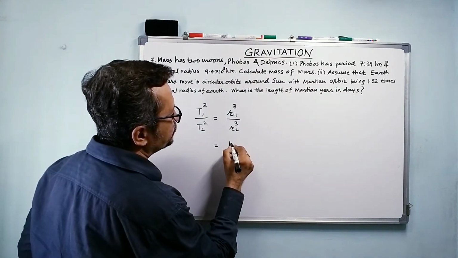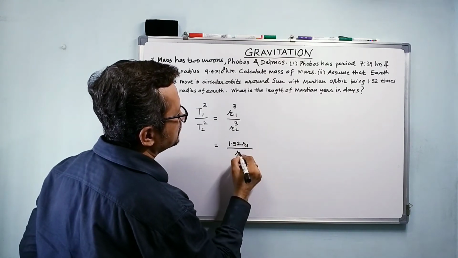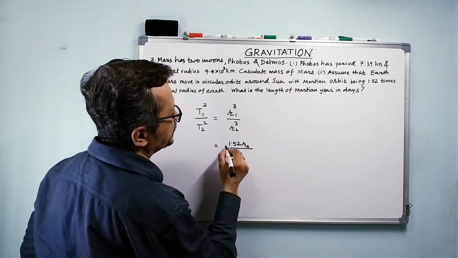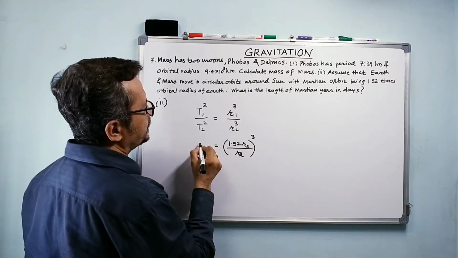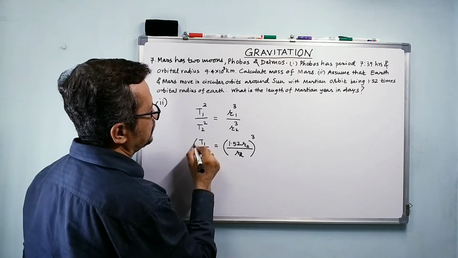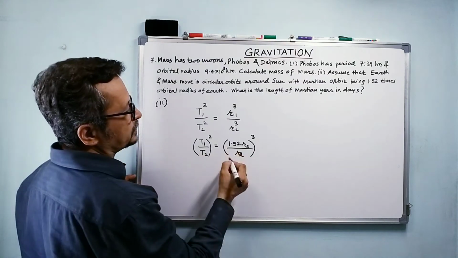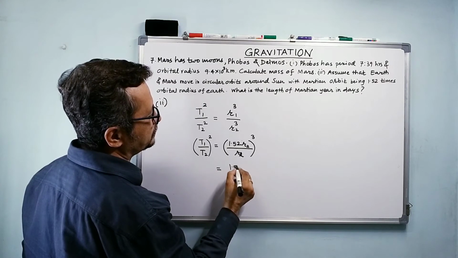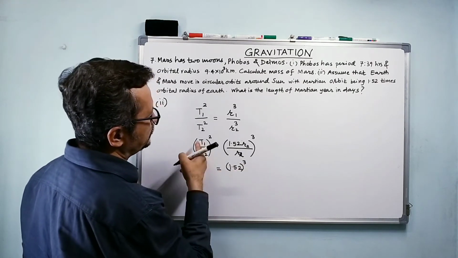So it is 1.52 r2 upon r2, cube of that, and that is going to be equal to t1 upon t2 square. Right. So now this r2 gets cancelled. So 1.52 cube is equal to t1 upon t2 square.